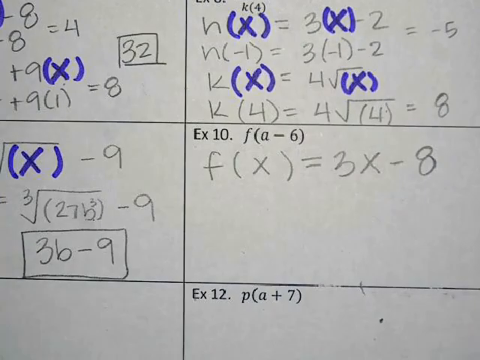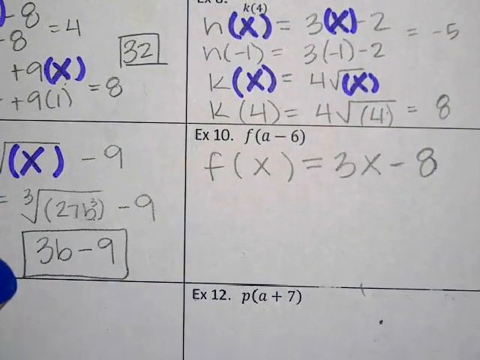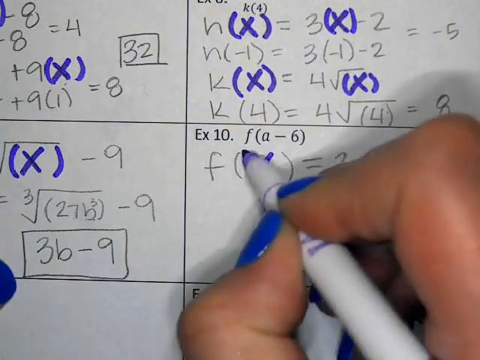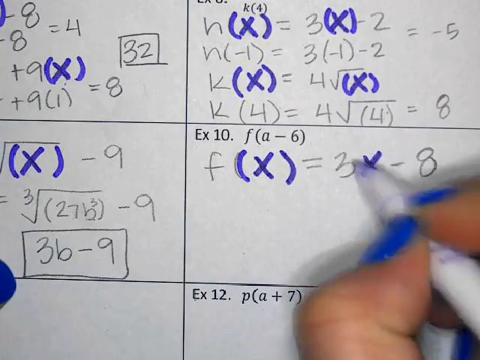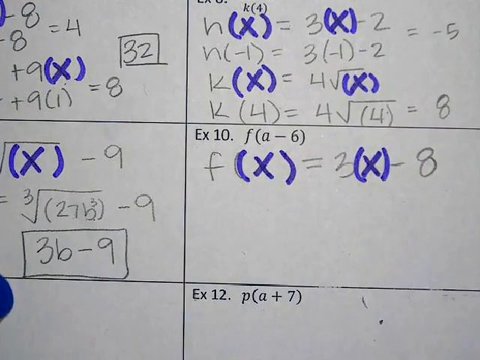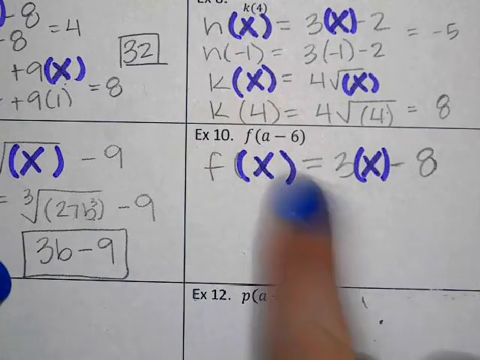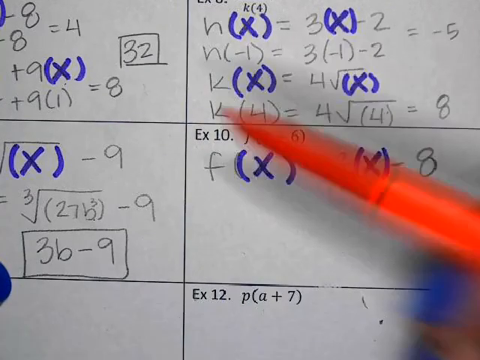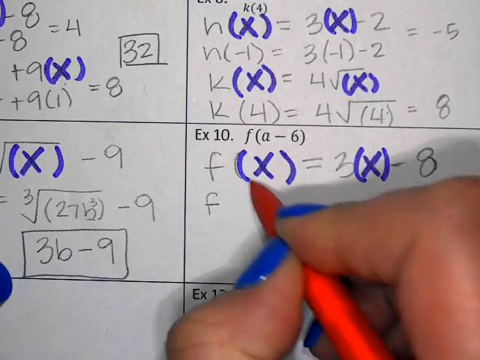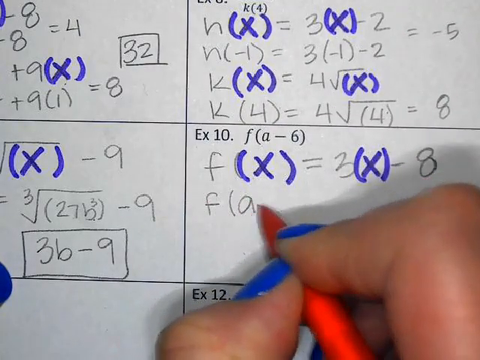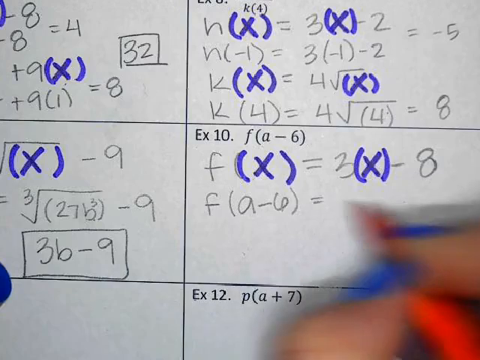And then I'm plugging in this whole thing for x. So f of a minus 6 is 3 times a minus 6 minus 8. So I took the x out and I replaced it with all of that stuff.